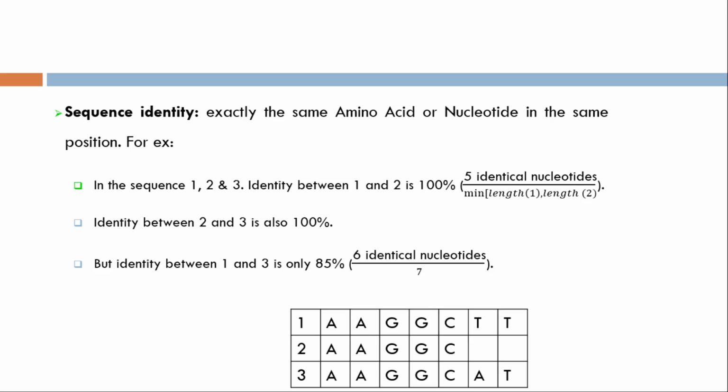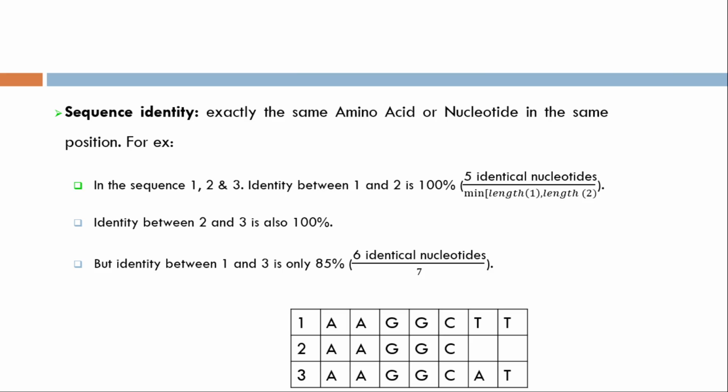Then yesterday I talked about sequence similarity and identity. How do we calculate sequence identity? Here I have taken an example of nucleotides. Sequence identity means exactly the same amino acid or nucleotide in the same position. Here I have given a sequence alignment between sequences number 1, 2, and 3.